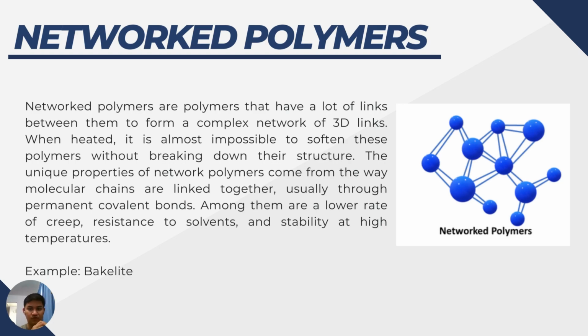The unique properties of network polymers come from the way molecular chains are linked together, usually through permanent covalent bonds. Among them are higher modulus of elasticity, lower rate of creep, resistance to solvents, and stability at high temperatures. An example is Bakelite, a phenol-formaldehyde polymer.